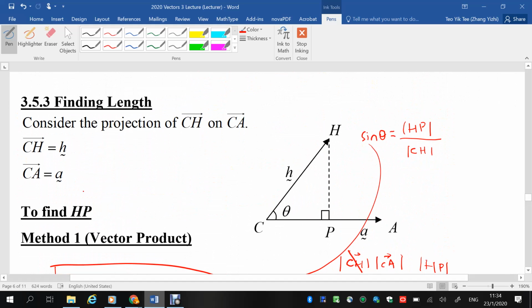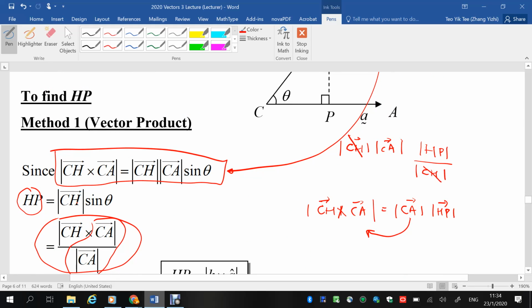The cross product formula, H cross A hat, produces for me the length of HP. H dot A hat produces for me the length of CP. Chapter 2. Formula looks almost the same, but it produces different things.